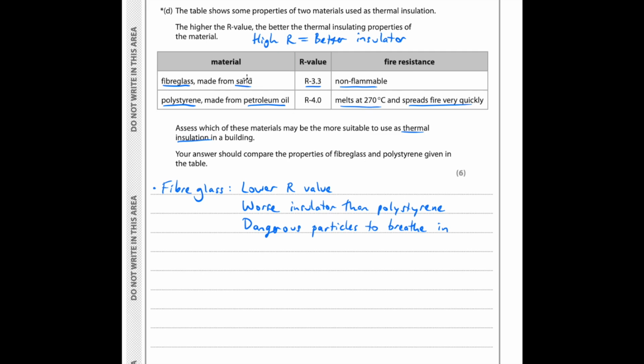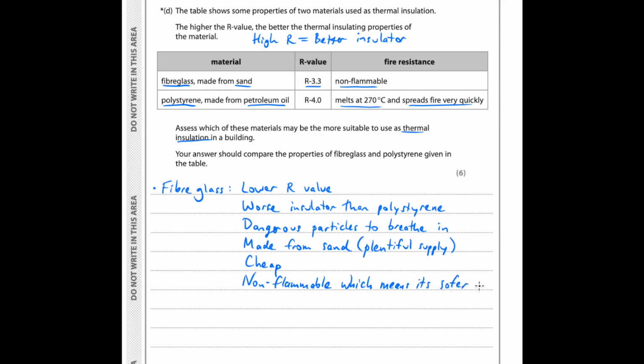Now, it's made from sand, which is readily available, so that should make it cheap. Plentiful supply. And a really good thing is it's non-flammable. Now don't just say non-flammable though. Well done for being able to read, but what does that mean? It means it's safer than polystyrene.